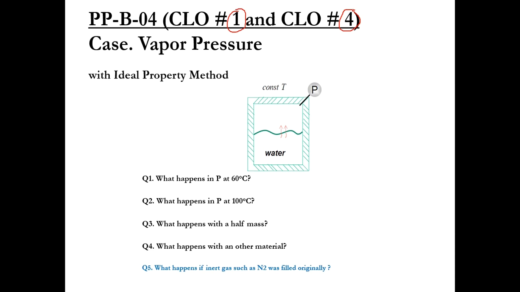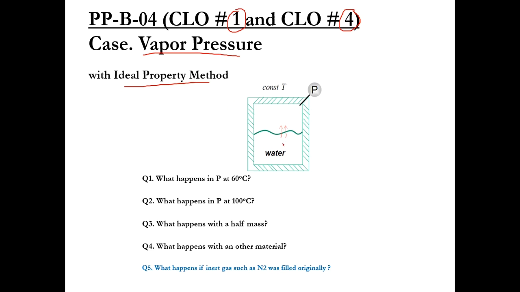How? The case is to determine the vapor pressure with the ideal property method, and this is the basic representation of vapor pressure. We already know the definition of vapor pressure: it is the pressure exerted by vapor in equilibrium with a liquid or solid in a closed container.